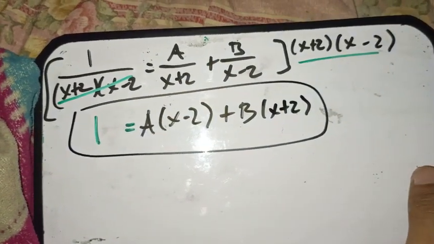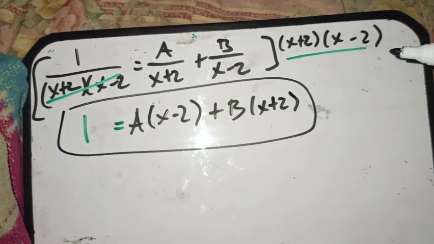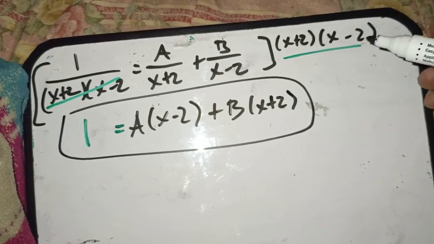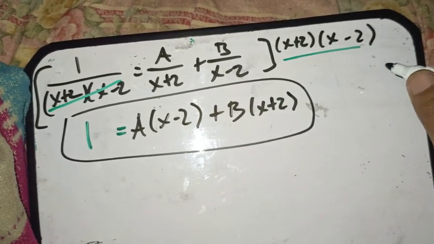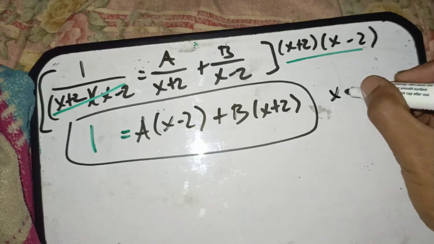To get the values of a and b, we need to assume values for x. Let's assume x is equal to 2.